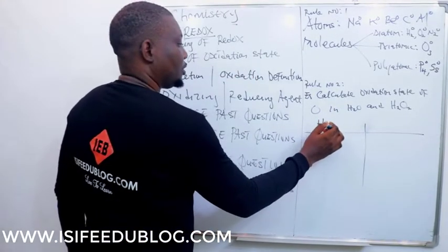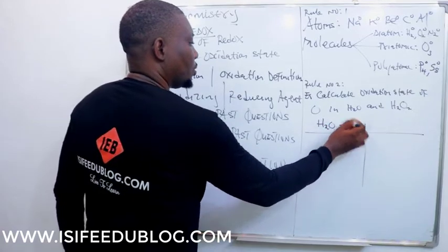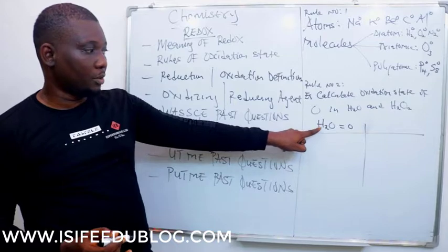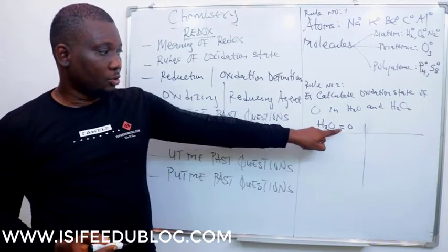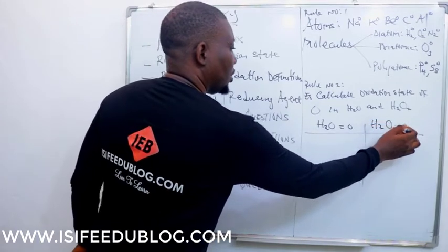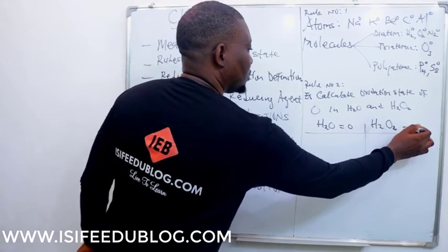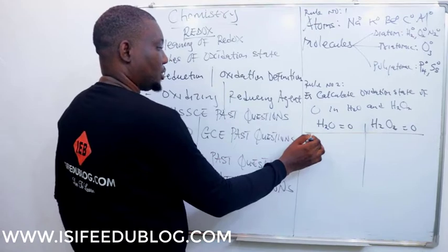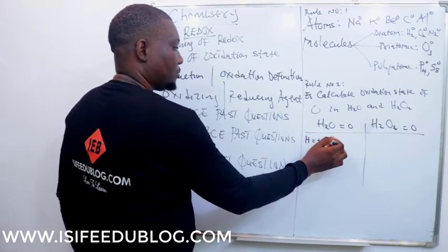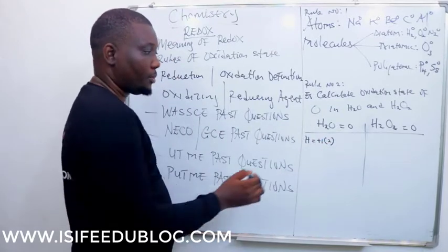We have the sum for H2O should be equal to 0. I have to state this as well: it's also a rule that the sum of all the atoms of elements in H and O is equal to 0. Same thing as H2O2 is also equal to 0. So here we have that the oxidation state of hydrogen is +1. And how many atoms are there in water? 2.